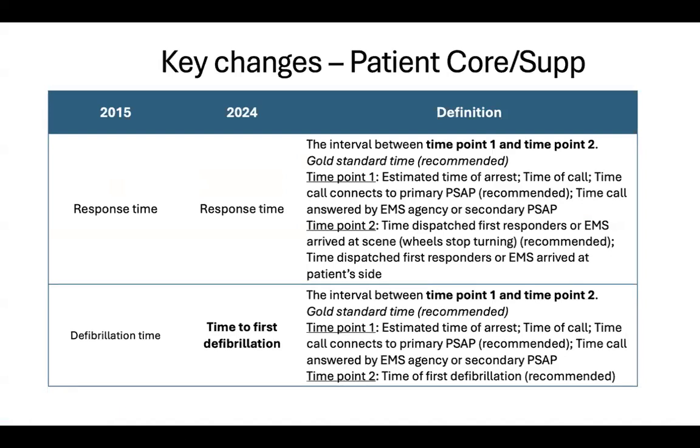We recognize that in many systems, we are not able to capture the timing of the primary PSAP. That's because, for example, the medical call center may not be co-located with the 911 center, and you don't have access to that data. Then there are other timings related to the secondary PSAP, which you can use as a substitute, but you need to define that and be clear which variable you're using.